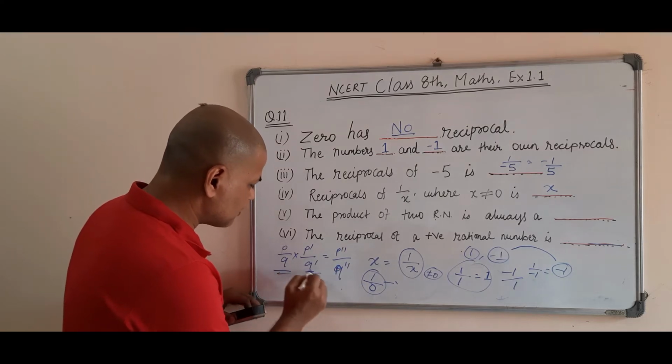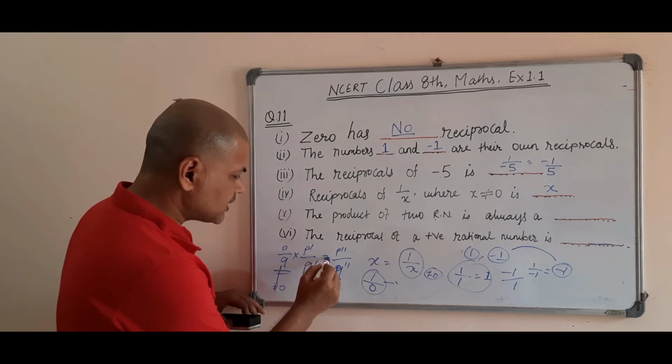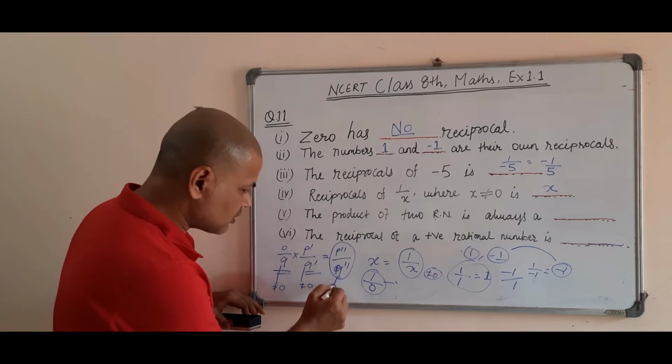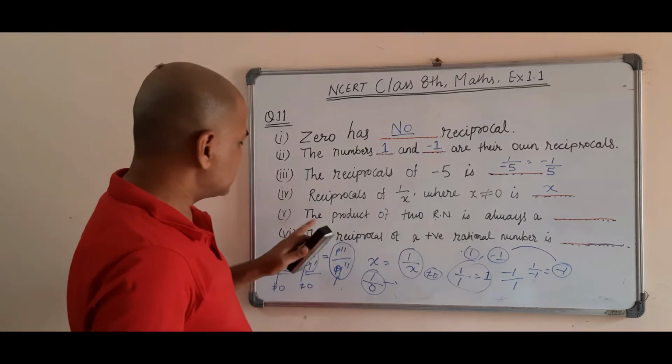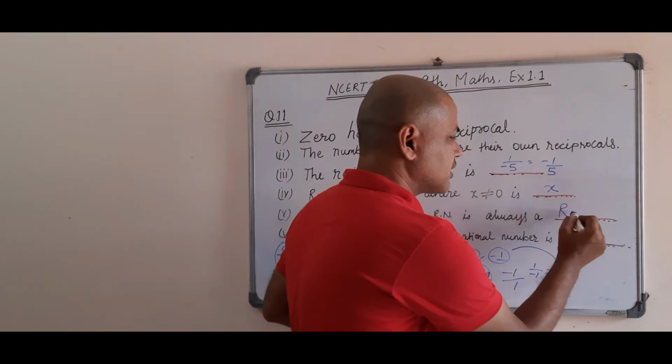Since these two are rational numbers, we know that the denominator is not equal to 0. So the product will always be a rational number, because this also will not equal 0. So we can say that the product of two rational numbers is always again a rational number.